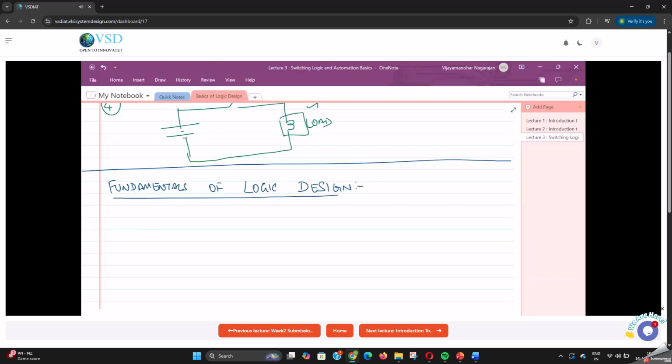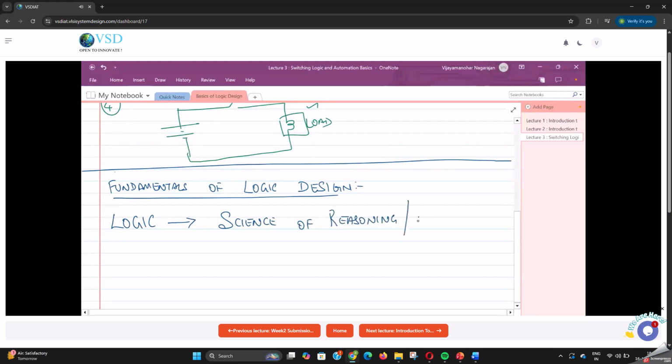So let us first understand the meaning of this word logic. What is logic? This is the science of reasoning or decision making.